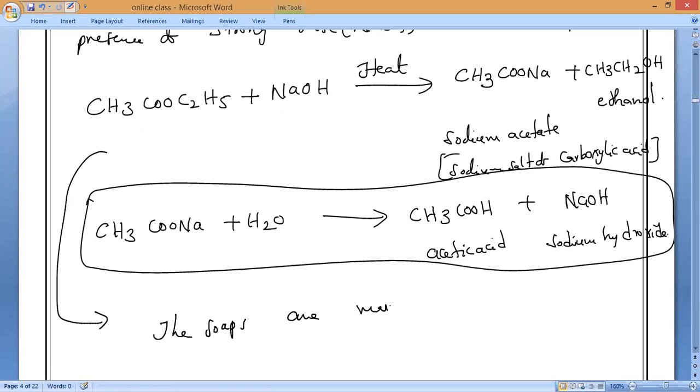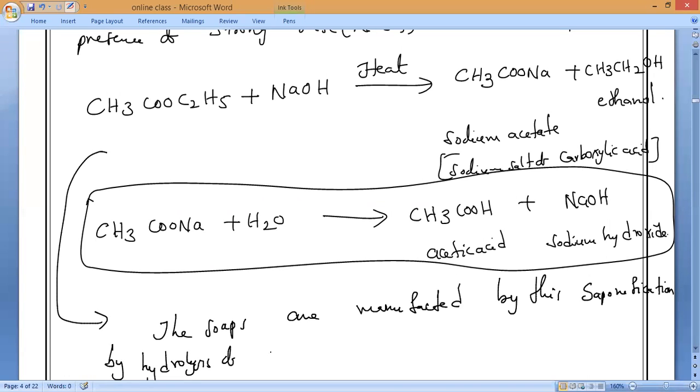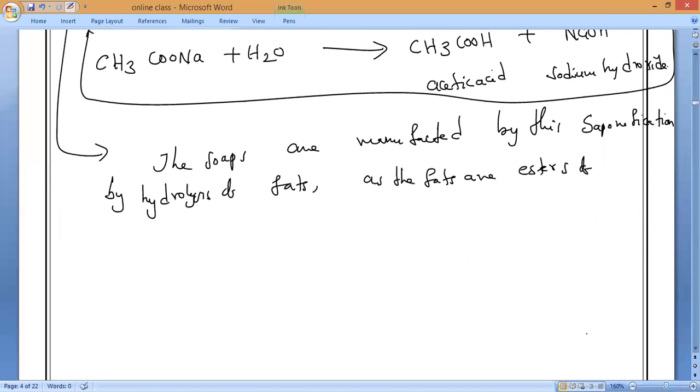So soaps are manufactured by saponification, by hydrolysis of fats, as fats are esters of higher fatty acids.